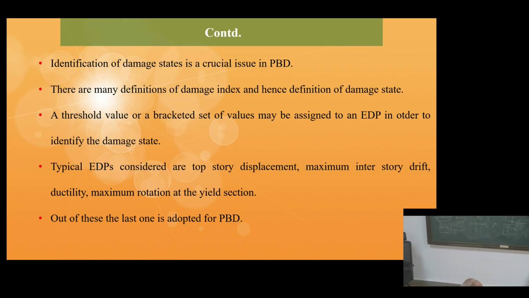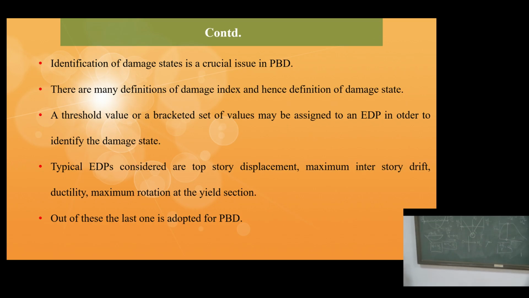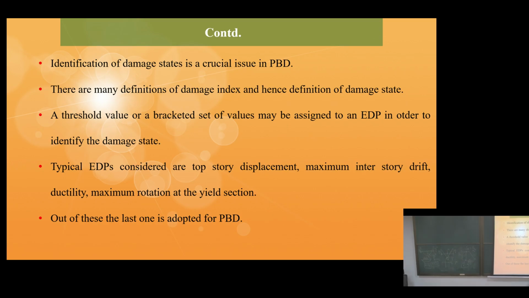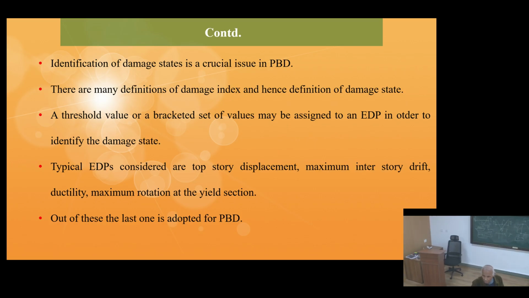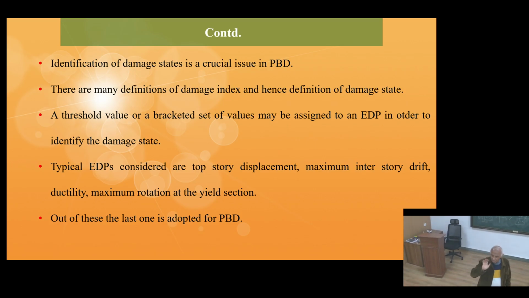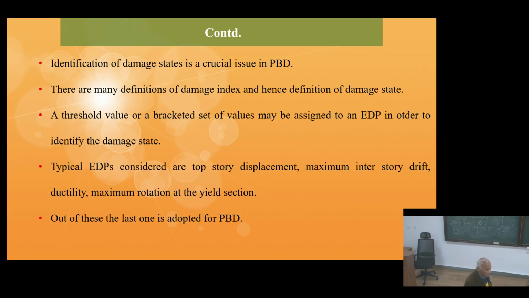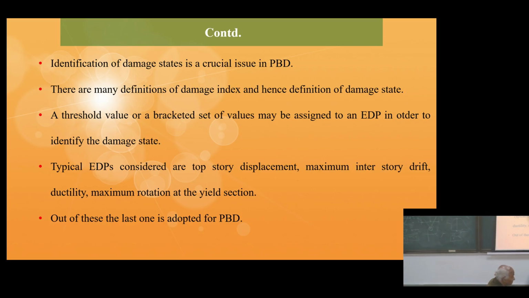Typically, EDPs consider a top story displacement, maximum interstory drift, ductility, maximum rotation at the yield section. Out of these, the last one is adopted for PBD. That is the rotations at the plastic hinge. What is the rotation that is taking place? And based on that, we use performance-based design that is there in the software.